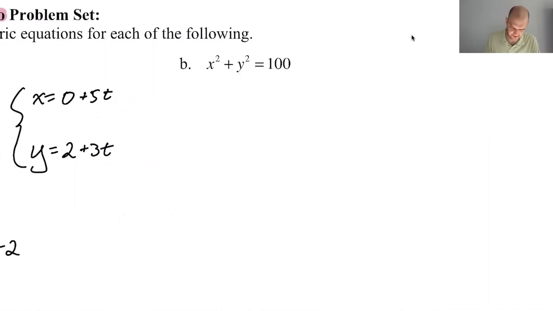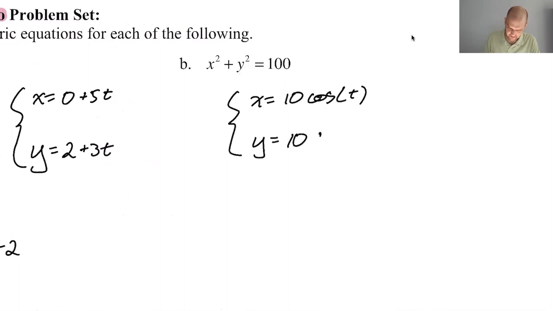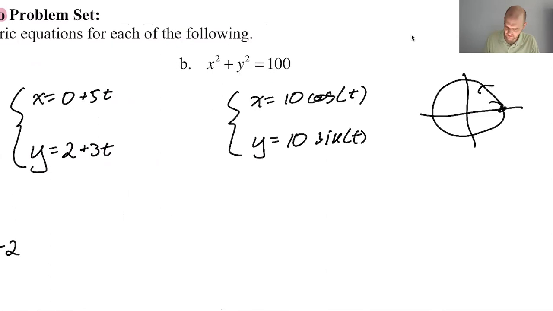All right, some equations for this. Well, obviously, in the absence of any other directions, we're going to go with cosine and sine. And then what does that one do? That's like, t equals 0, right? It goes that way.